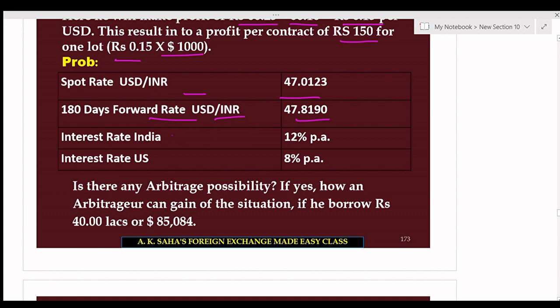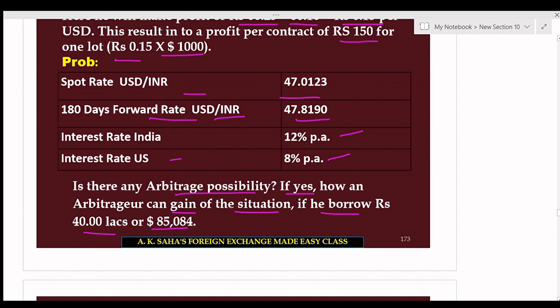Interest rate in India is 12% per annum. Interest rate in US is 8% per annum. Is there an arbitrage possibility? If yes, how can an arbitrager gain from the situation if he borrows rupees 40 lakhs or $85,084?